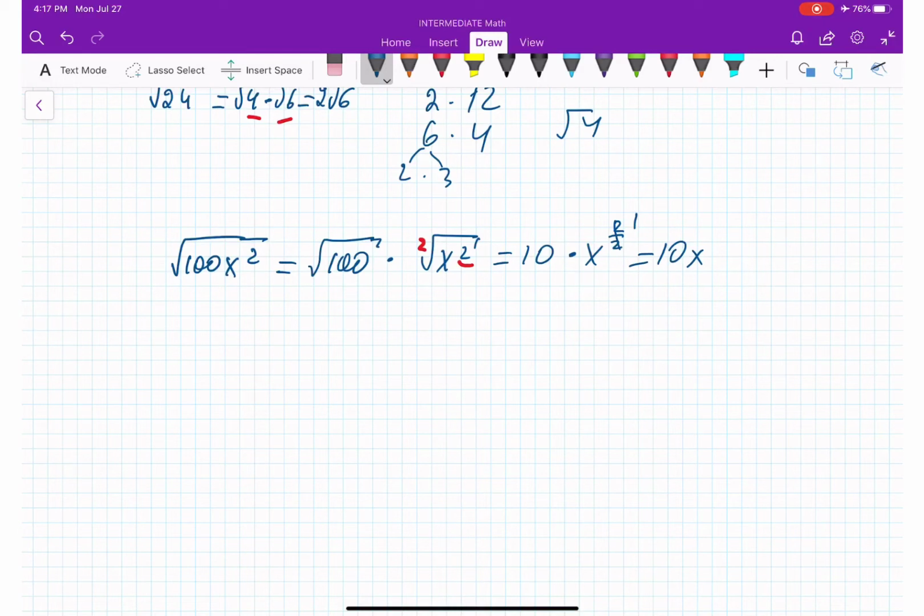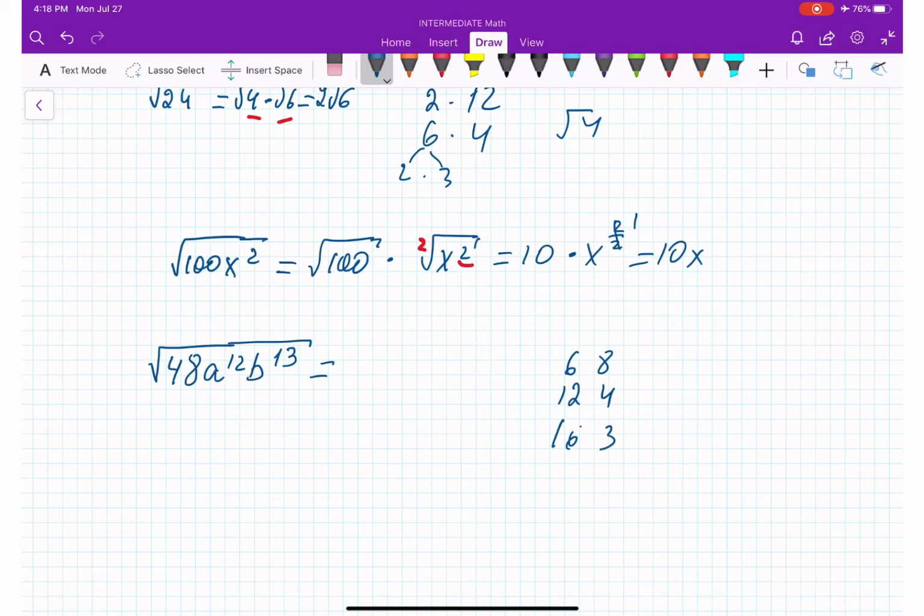Next one. Square root of 48, a to power 12, b to power 13. All right, let's see, 48, what numbers can I break it down into? 6 and 8, 12 and 4, what else can it be? 16 and 3.